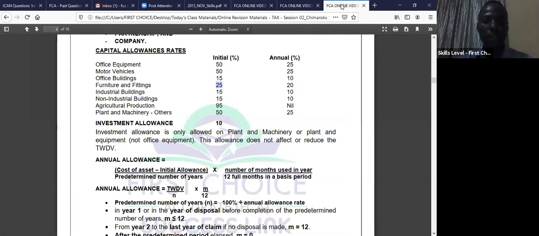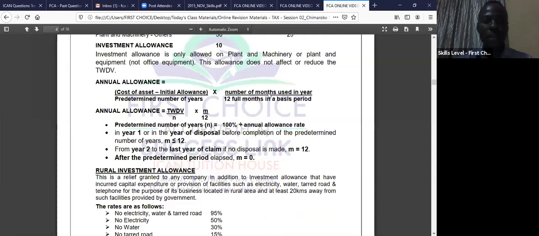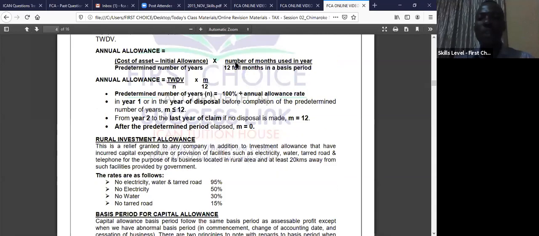It's your cost minus initial allowance, divided by the number of years of the annual allowance rate. If it's going to be per year of use, you are going to use the number of months used divided by 12 full months in the basis period. So let's see the annual allowance.